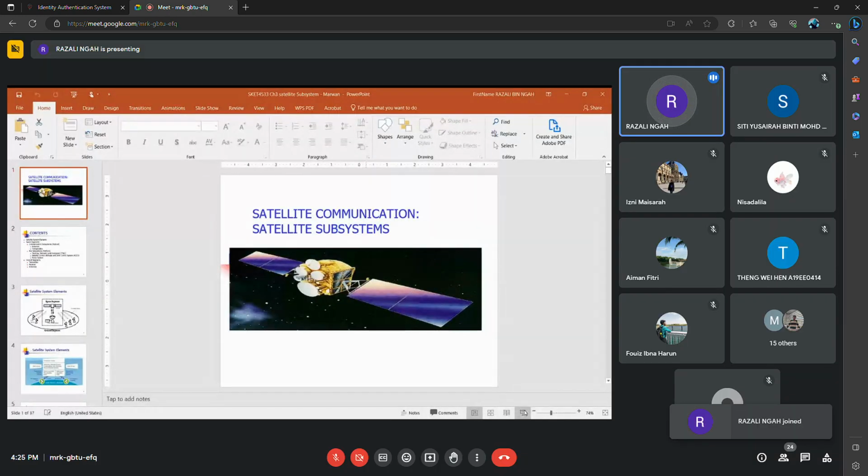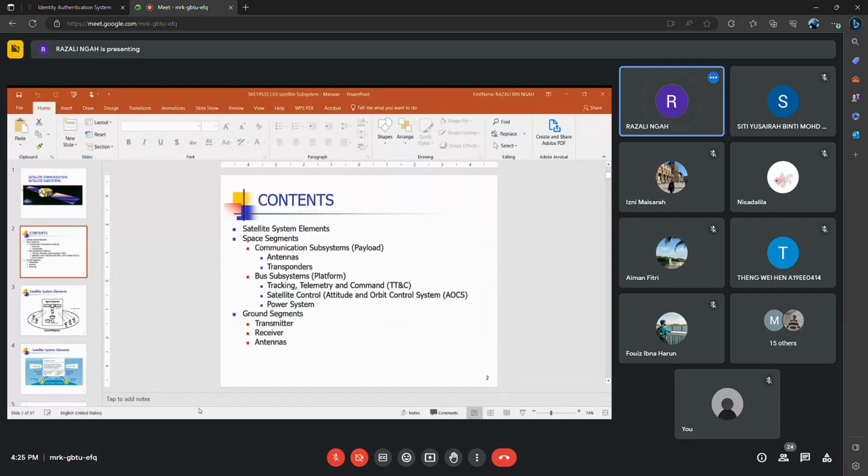So I think for this one, I don't need to use the pen. So, okay, for satellite subsystem, we have two main segments.